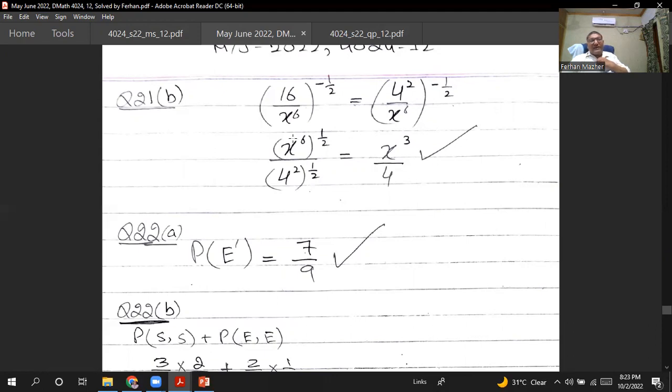So this 2 and 6 will be cancelled, and you will have x raised to power 3. This 2 and 2 will be cancelled, so you will have 4 raised to power 1. So x cube divided by 4, that is the answer.